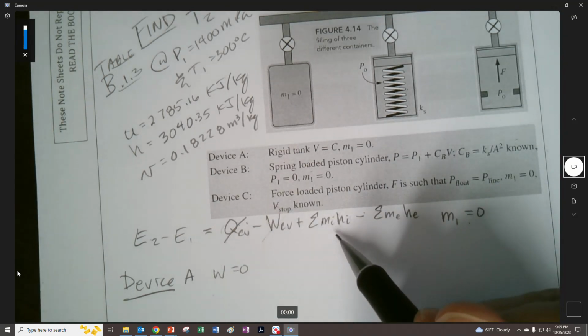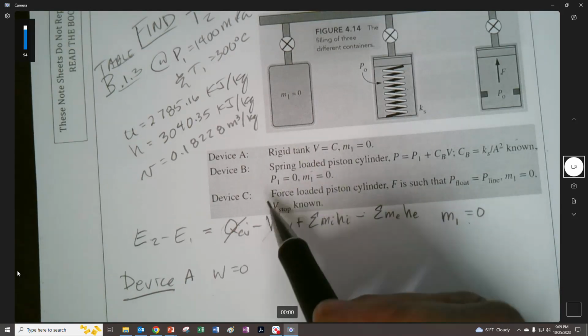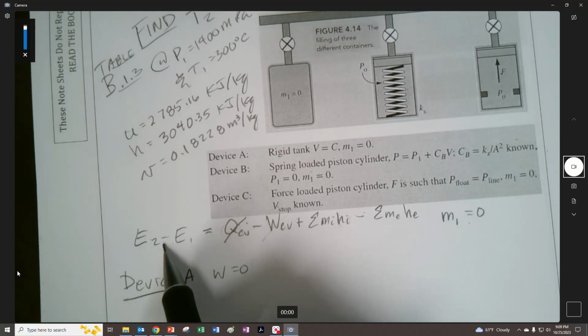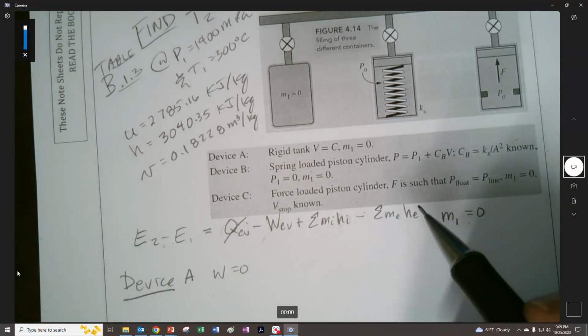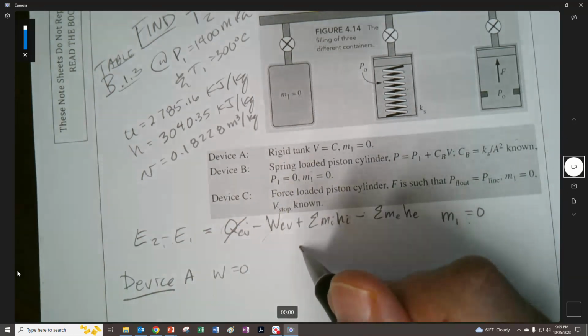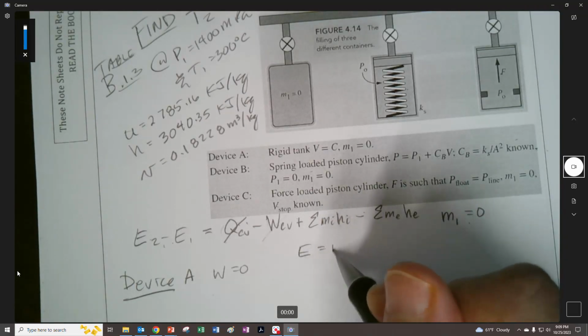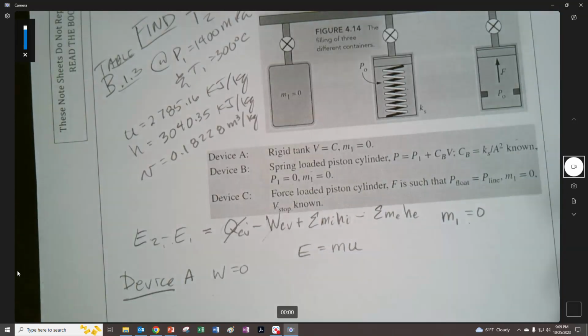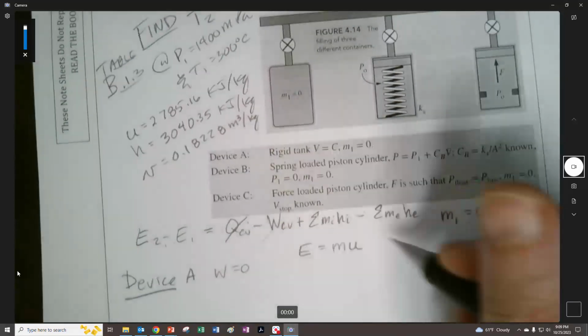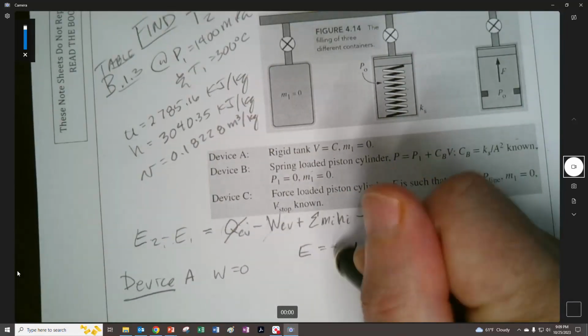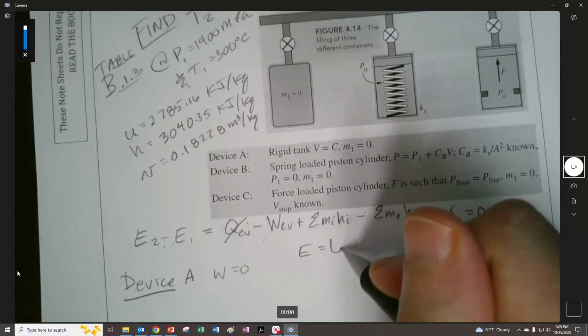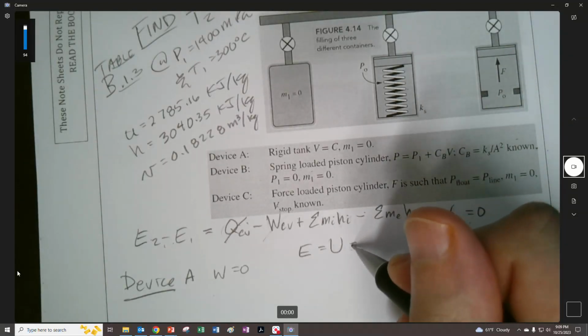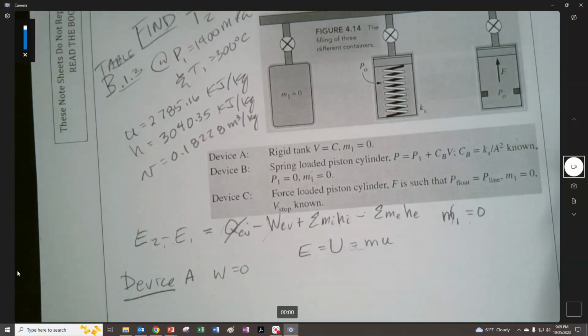And over here, we could say that the energy we're using is going to be mass times u, and maybe I should write it as big U, which is going to be mass times little u.